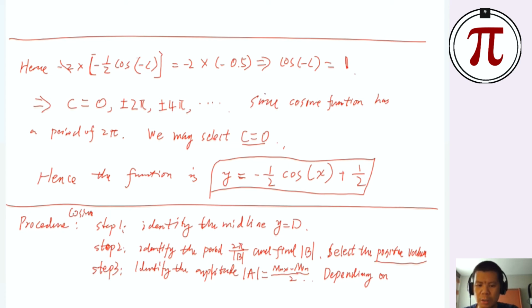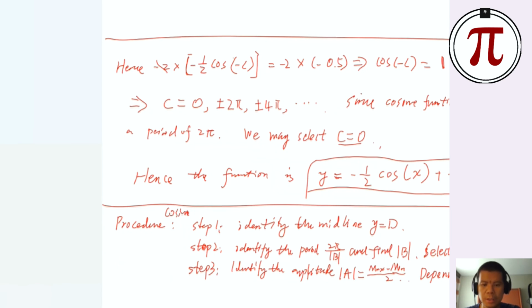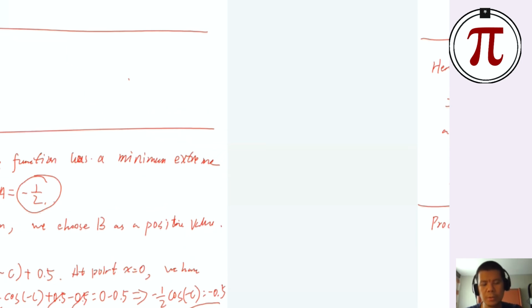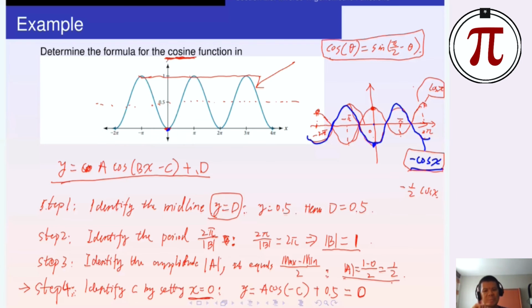For cosine, depending on the, especially what now for this one, as we can see at point 0, right? For this cosine, it has a local minimum.